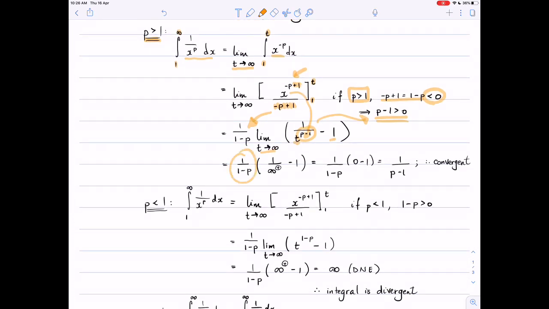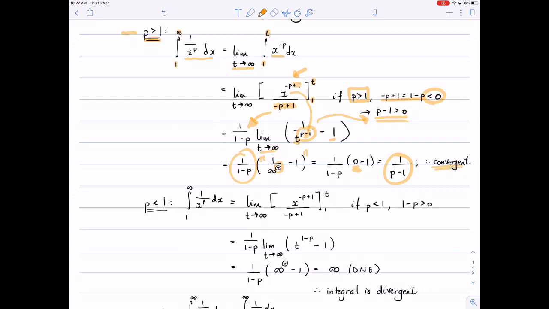We have 1 over infinity to a positive power in the denominator, which is going to 0. So 1 over 1 minus p times 0 minus 1, which is multiplying by minus 1, gives me 1 over p minus 1, which means the limit exists, and so the integral is convergent.